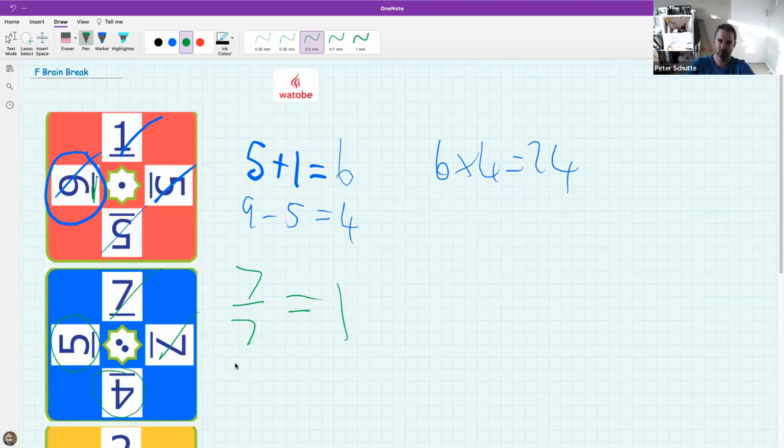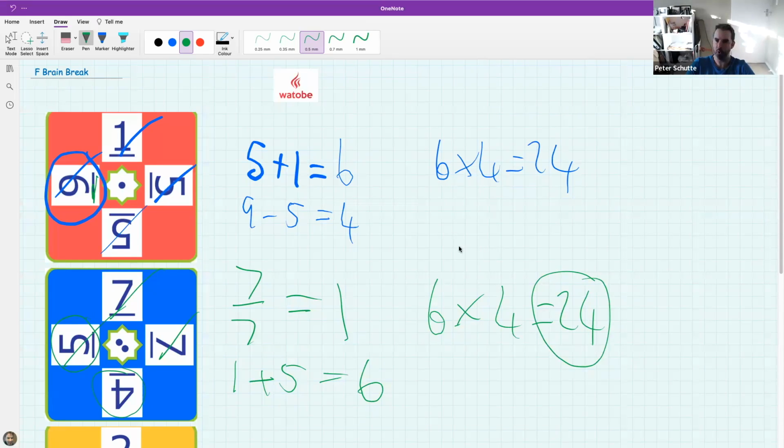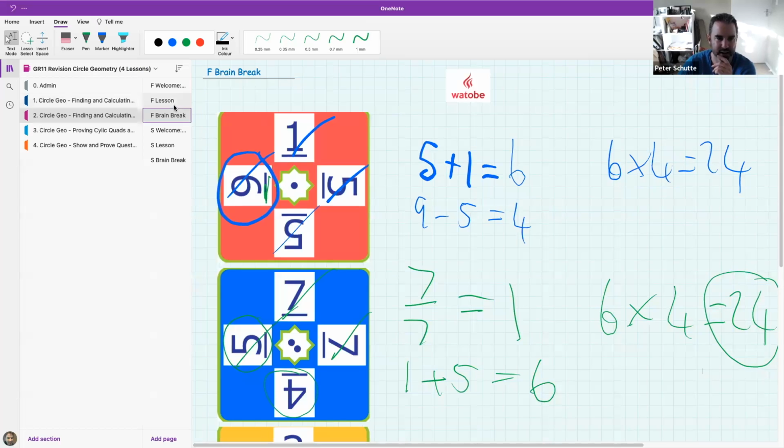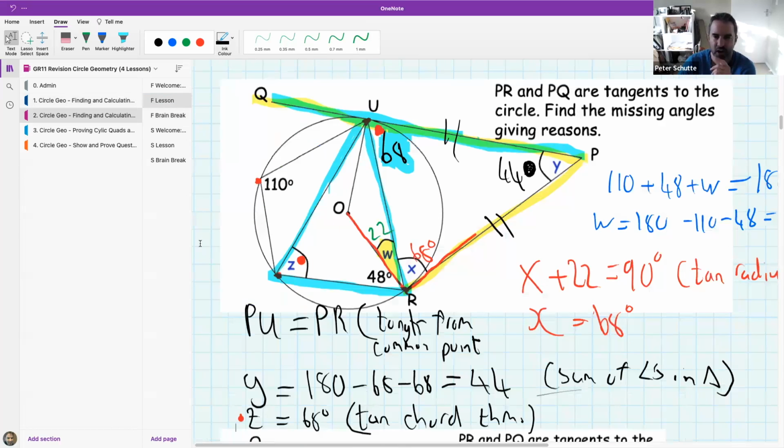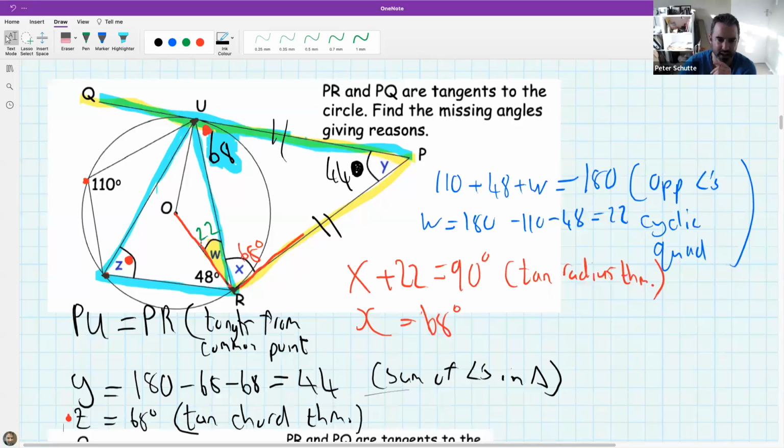And then 1 plus 5 is 6. And then 6 times 4 is 24. Or 5 times 7 is 35. 35 minus 7 minus 4 is also equal to 24. Yeah, well done. So there's more than one way to do the Maths 24 questions. Okay, well done, everyone. That was a nice break. I hope you feel well rested and ready for a next question.